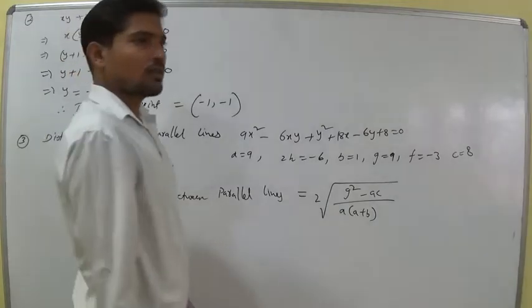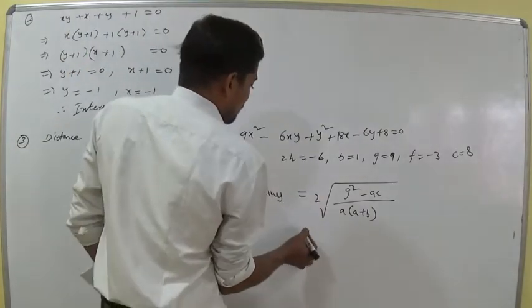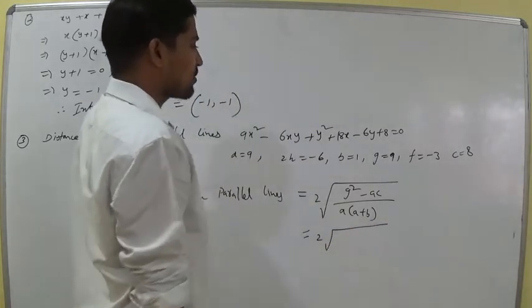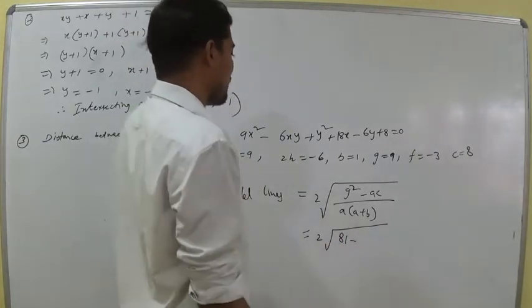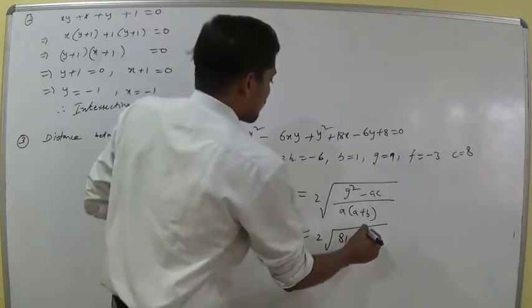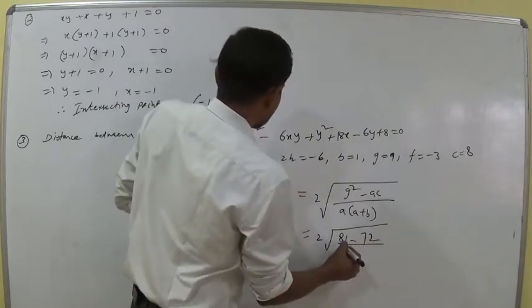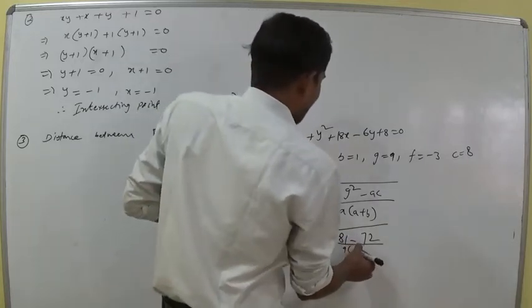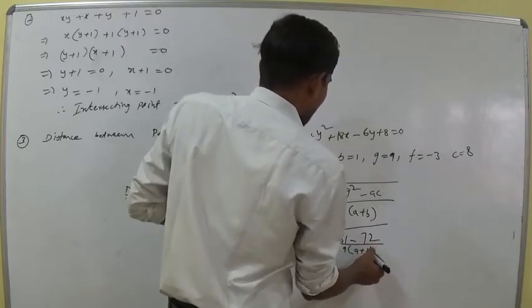Clear? So what is the value of g here? g is 9, g² is equal to 81 minus ac, a is 9, c is 8, which is 72, by a into (a + b), 9 into (9 + 1).